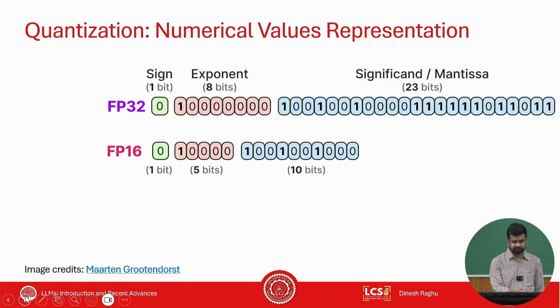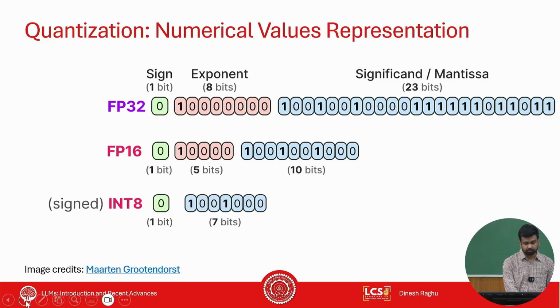Here the difference is the number of bits used for the exponent and for the fraction. The range has reduced because the exponent has reduced, and the precision has reduced considerably. But for machine learning, specifically deep learning applications, this still does the trick. You almost don't see any drop in performance, but your computations improve significantly if you move from FP32 to FP16. Now you can reduce it even further.